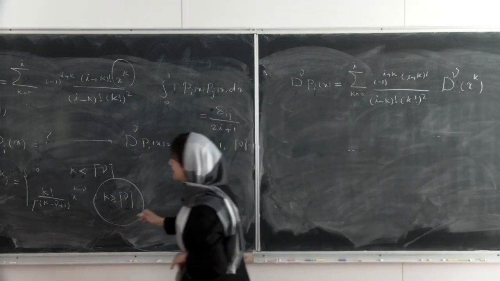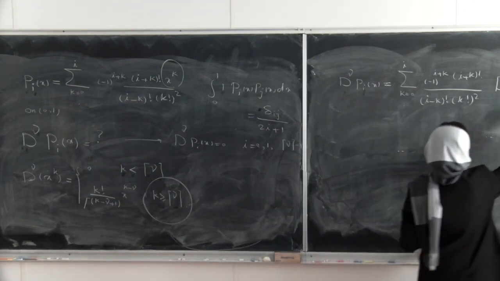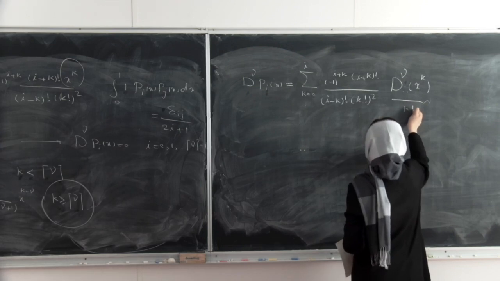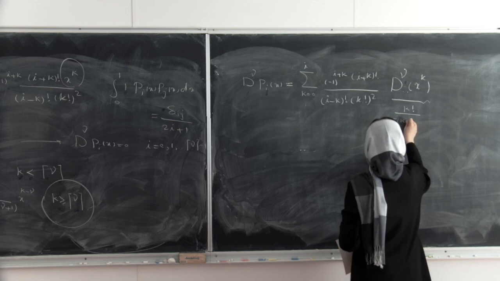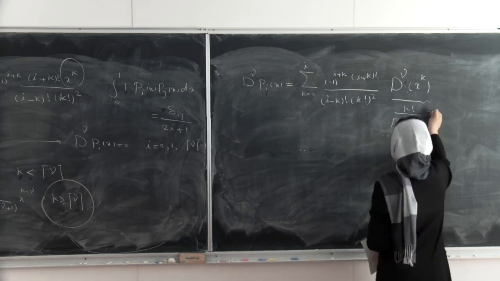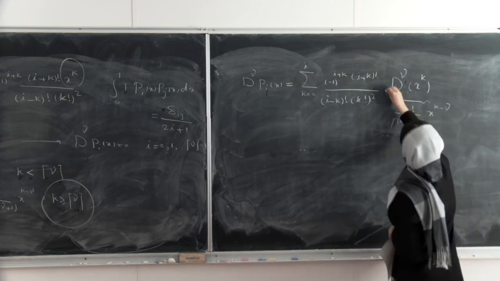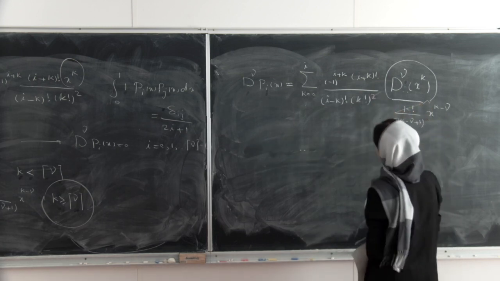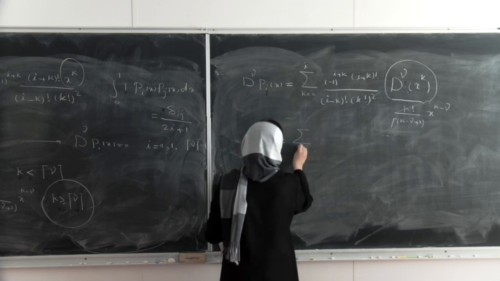And from this property that we proved, I can write k factorial divided by gamma of k minus nu plus 1 times x to the k minus nu. Instead of this part, I can omit it, and so we have this series.